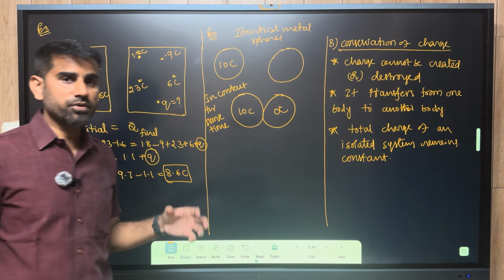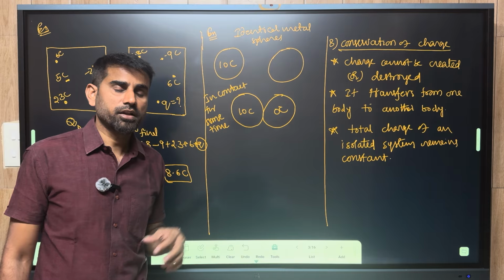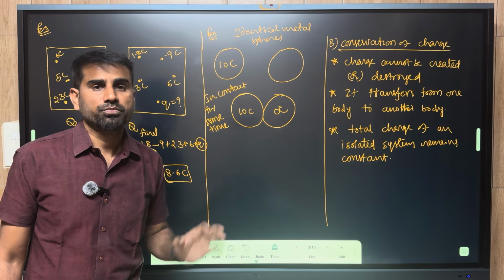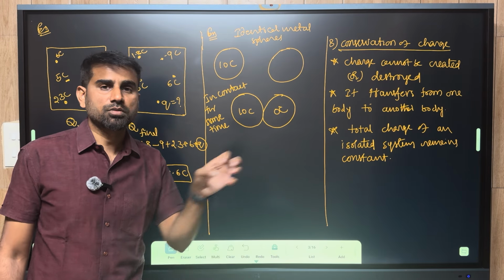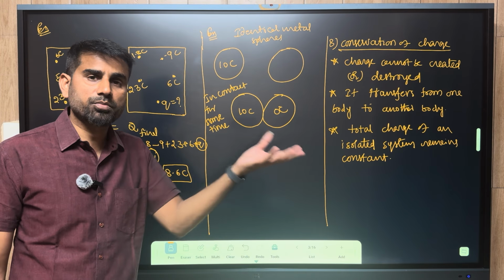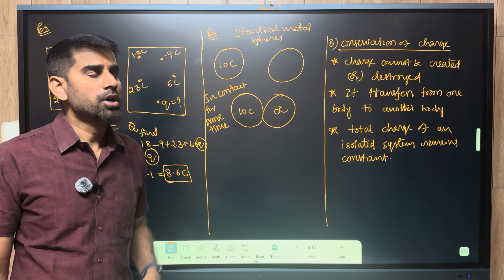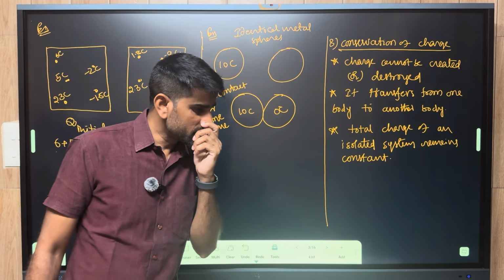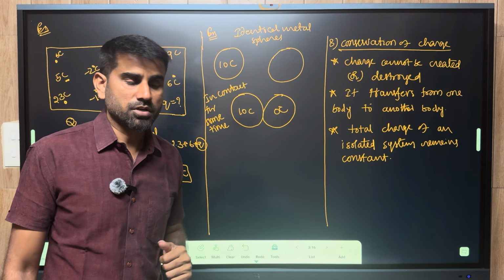This is the right way to say it. Like wind blows from higher pressure to lower pressure, or heat flows from higher temperature to lower temperature. Similarly, charge flows from higher potential body to lower potential body.